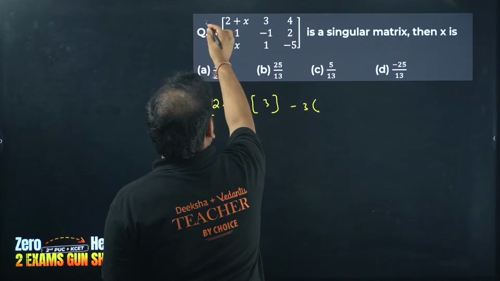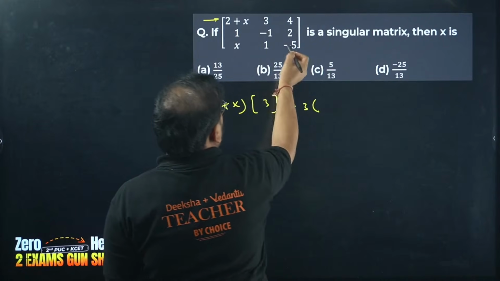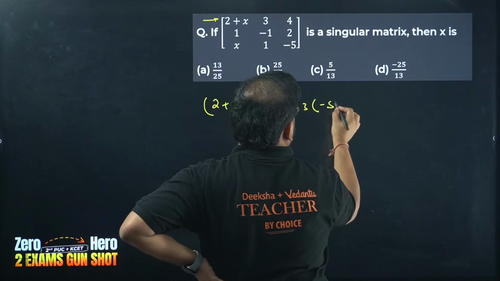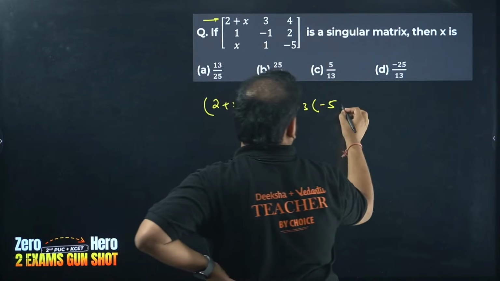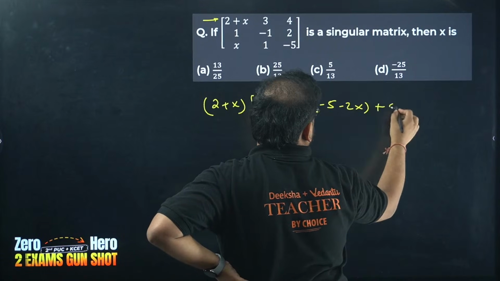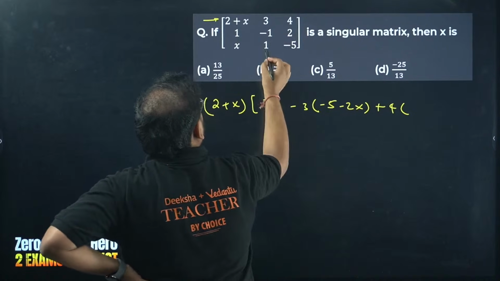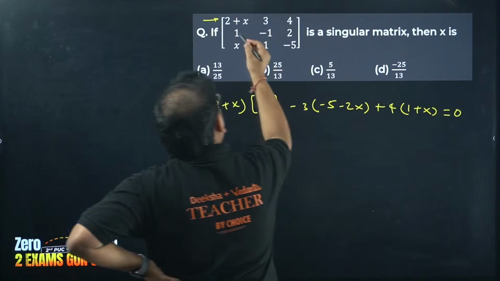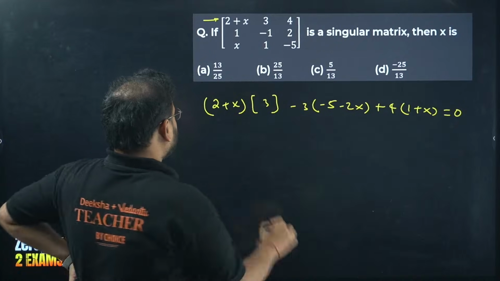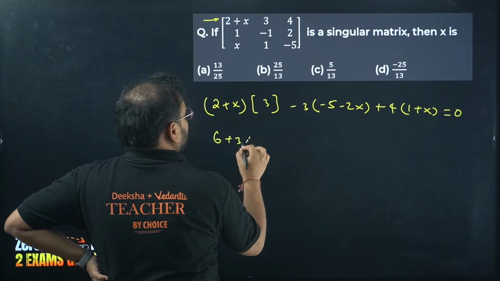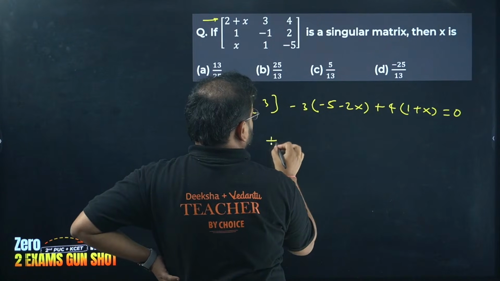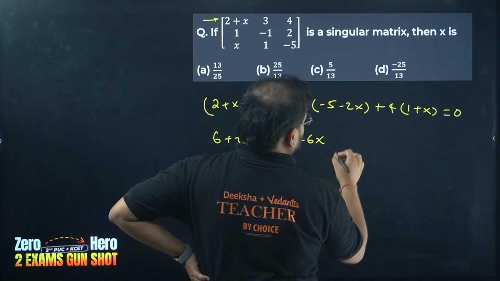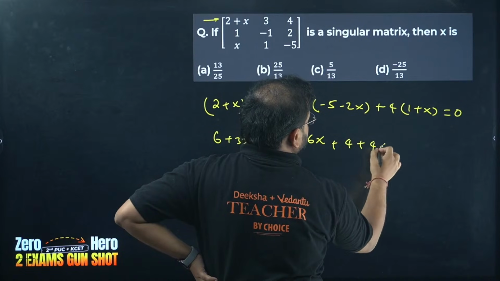For this particular element, I'm finding across the first row itself. I'll get rid of the second column, and the first row gets minus 5, minus 2x. And the last one is what? 4. I'll get rid of this. I'll get 1 plus x. Am I right? Please check. 1 plus x. Expand. So we have 6, 3x over here, plus 15, and plus 6x, we have plus 4 and 4x.